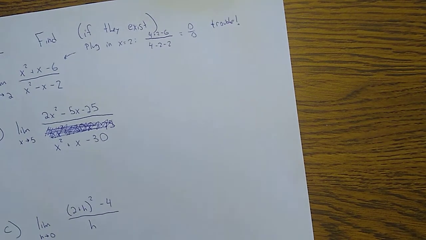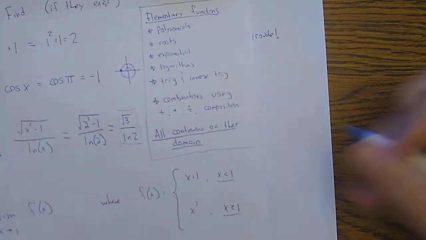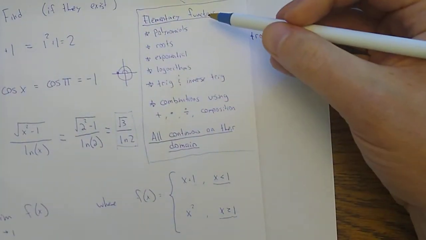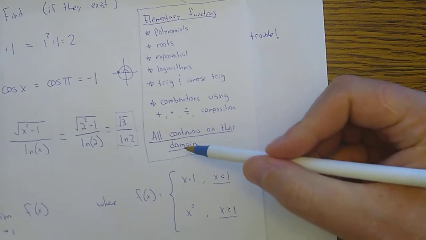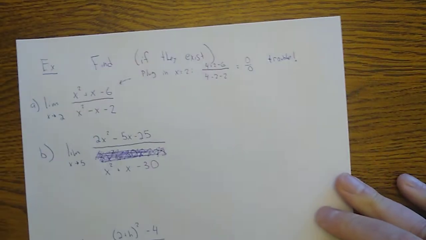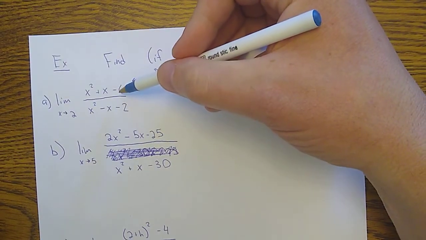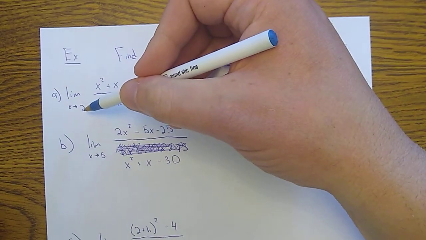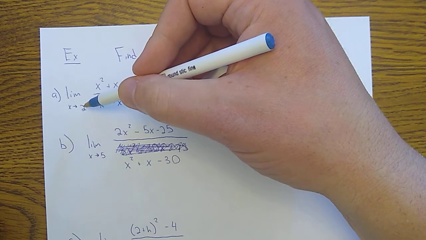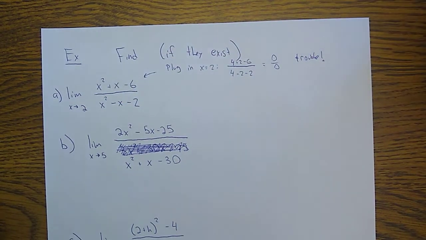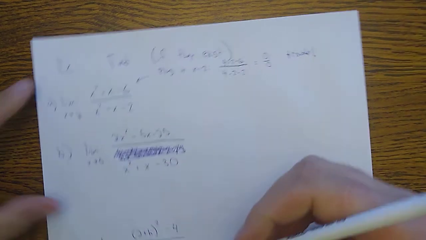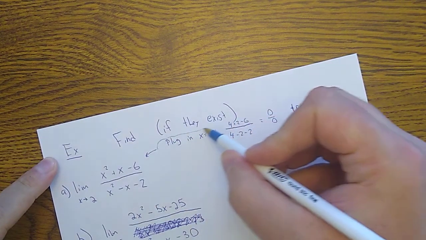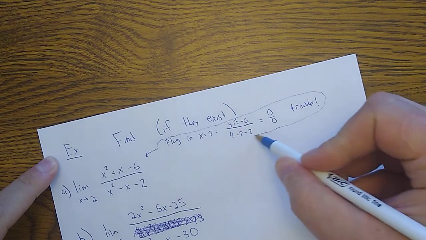So this is why I emphasized elementary functions are continuous on their domain. This is an elementary function, but we're not in its domain because plugging in 2 results in division by 0. So here's what we can do instead. Maybe let me put a little bubble around this so it doesn't bother us.